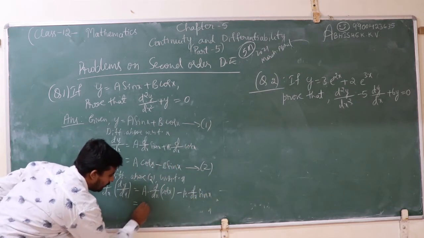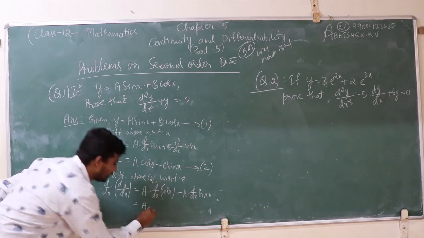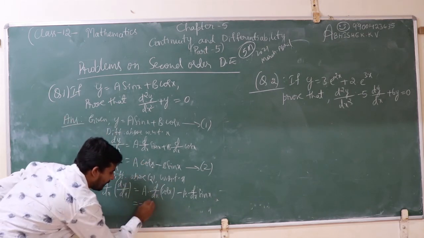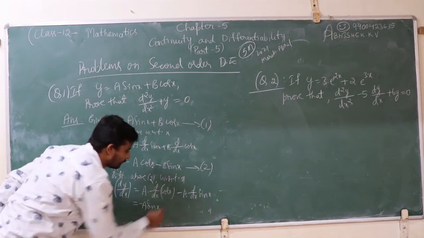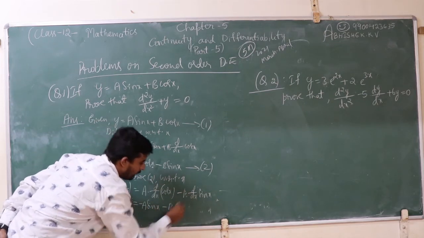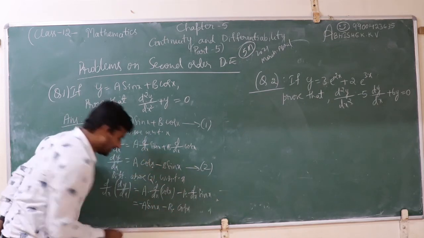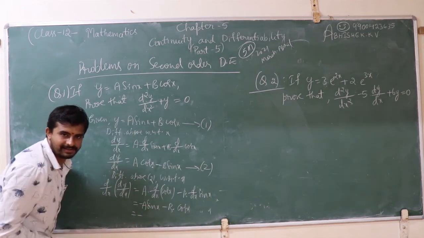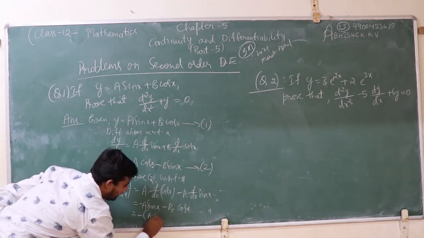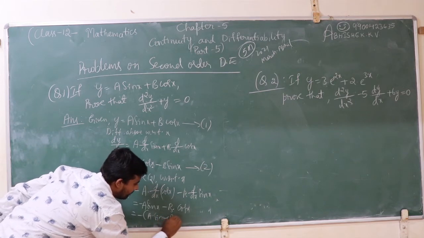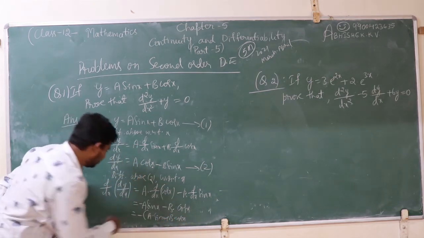This is equal to a into derivative of cos x, which is minus sin x, so minus a into sin x, minus b into derivative of sin x, which is cos x. Take minus common, then we get minus of a into sin x plus b into cos x.